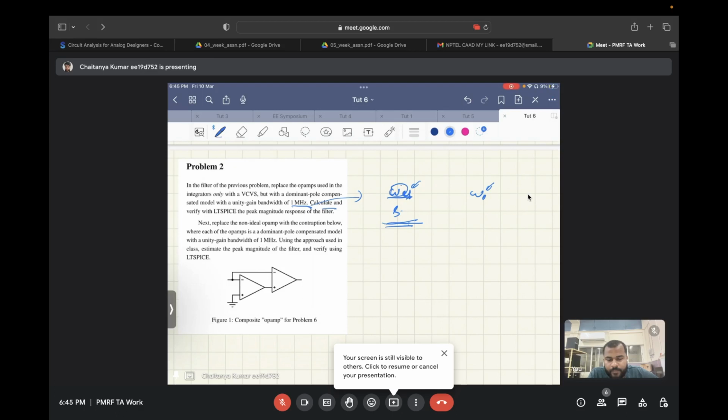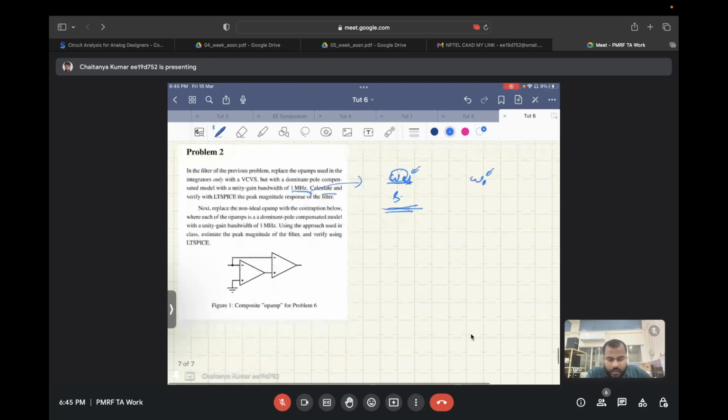Sir, can you explain that relation between omega naught and omega u? I don't remember the exact relation. The quality factor is near Q hat, with the poles moving toward the imaginary axis. At the end of that complete analysis, you have a relationship.